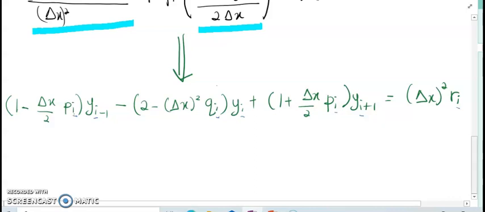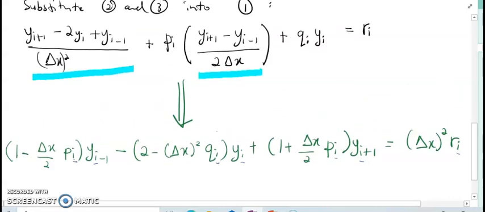This pi refers to the coefficient of dy over dx, the coefficient of y prime, the qi value refers to the coefficient of y, and the ri value refers to the constant value.